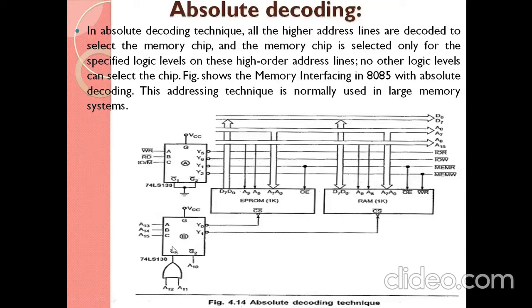The other decoder is used to select the memory. And D0 to D7 are address data lines. A0 to A7 are lower address lines. A8 to A15 are called higher address lines. Next are the read signal, write signal, memory read, memory write. If you give the signal 0, 1, 0, it means memory write.